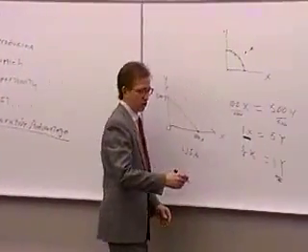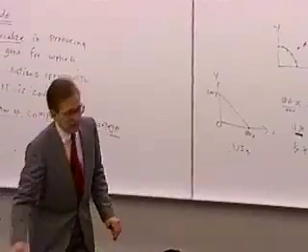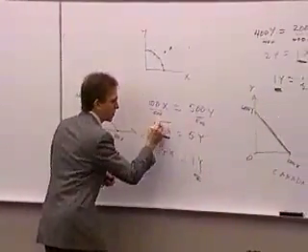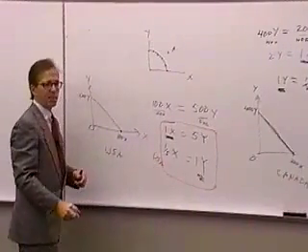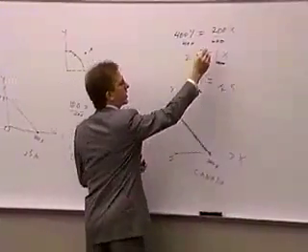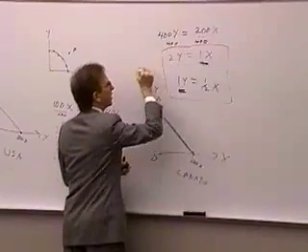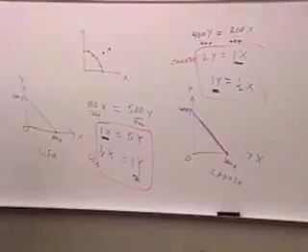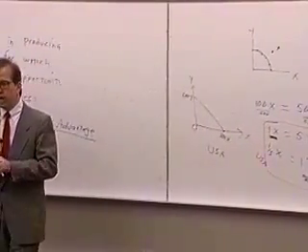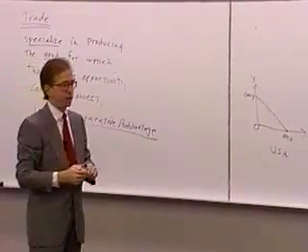Now, let me highlight this so there's no doubt what we're talking about. Here are our opportunity costs for the United States. Here are opportunity costs for Canada. So, who has the lowest opportunity cost of producing good X?